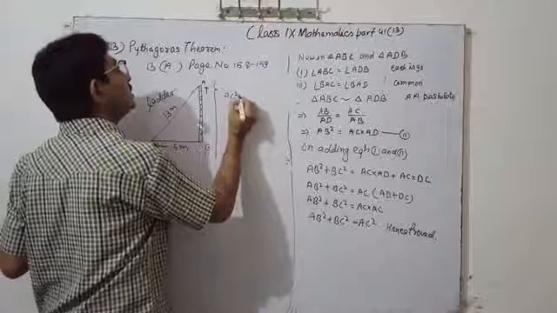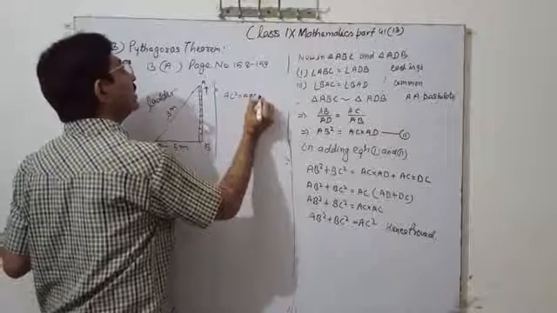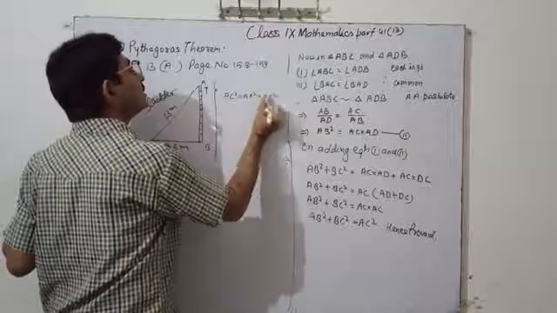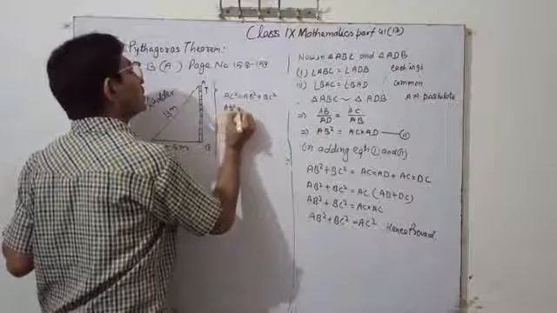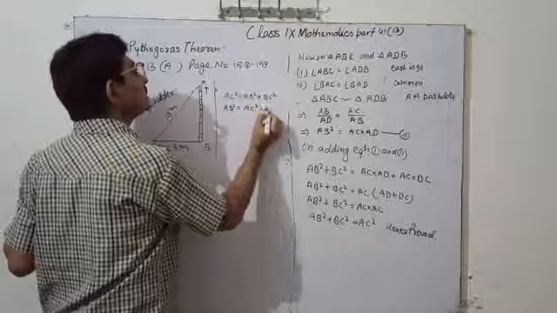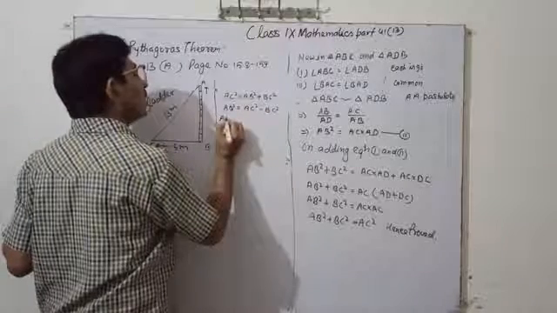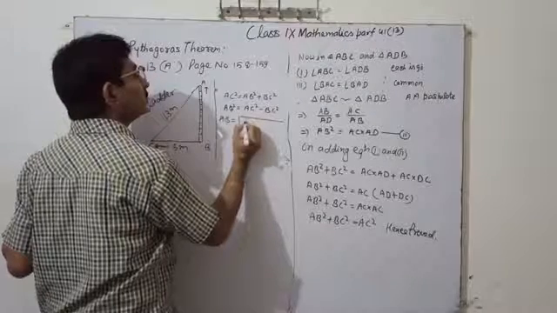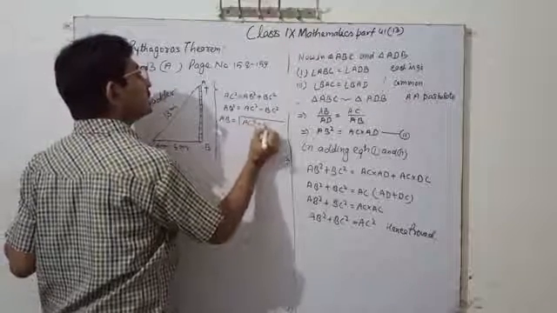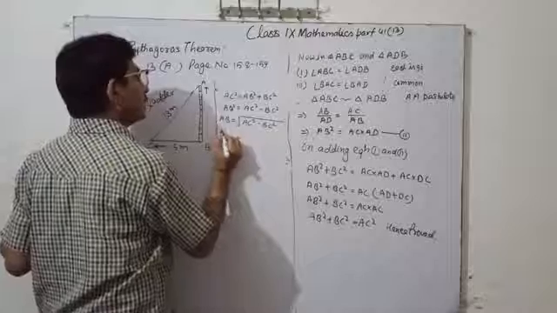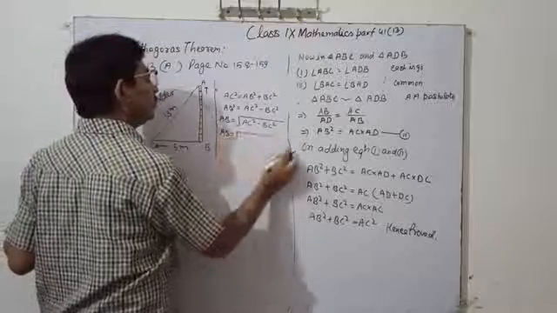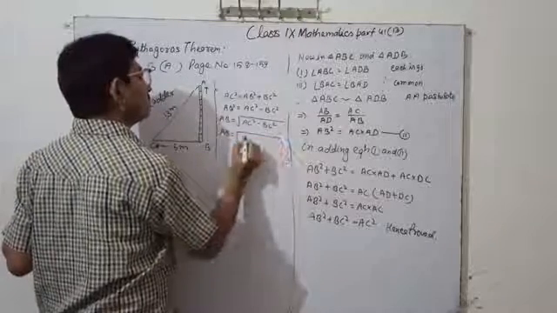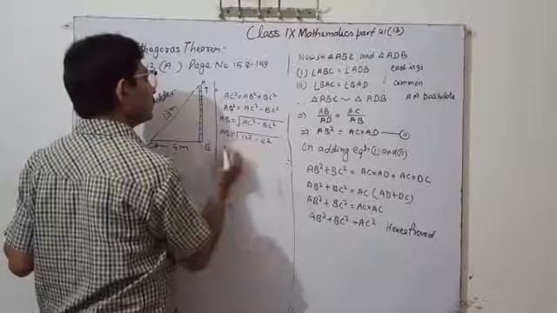Hypotenuse square: AC square equal to AB square plus BC square. From this, AB square equal to AC square minus BC square, or AB equal to, taking only positive sign of square root, AC square minus BC square. AB equal to root 13 square minus 5 square.